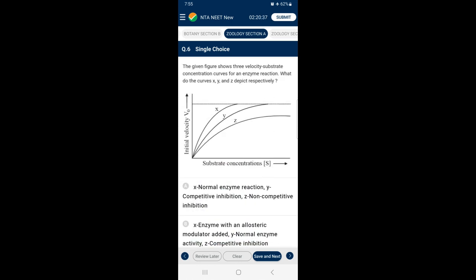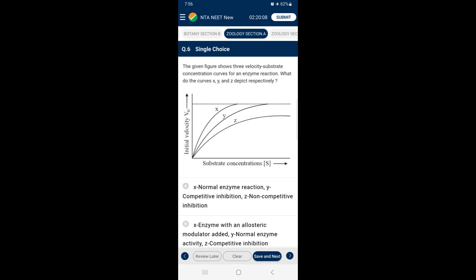Question number 6. The given figure shows 3 velocity substrate concentration curves for an enzyme reaction. What do the curves X, Y and Z depict respectively? In the given diagrammatic representation, enzymes are biocatalysts or proteinaceous substances that are capable of catalyzing chemical reactions of biological systems without themselves undergoing any change.